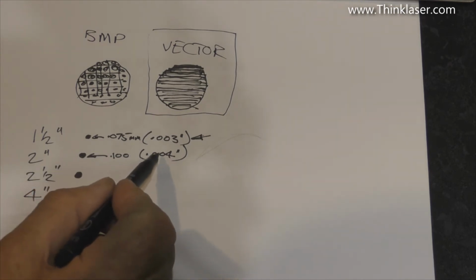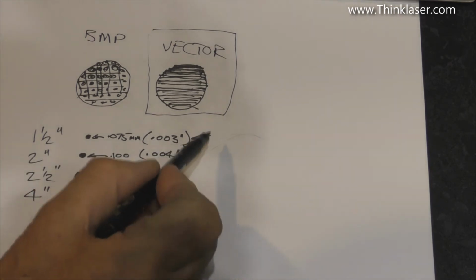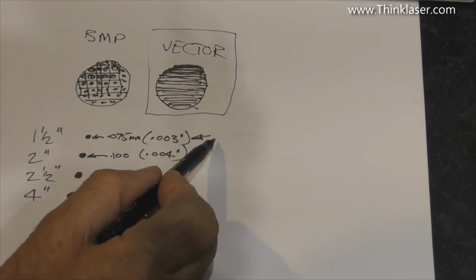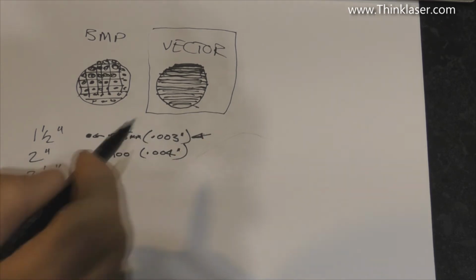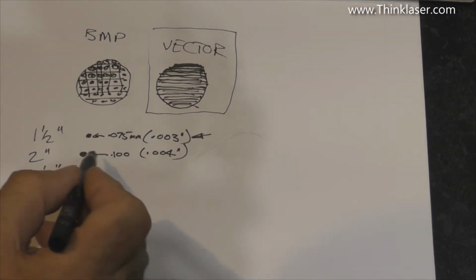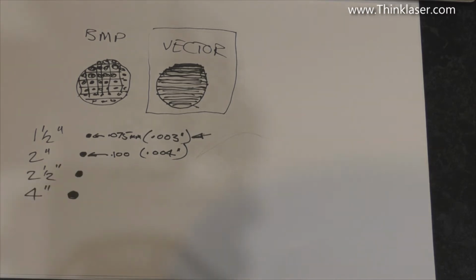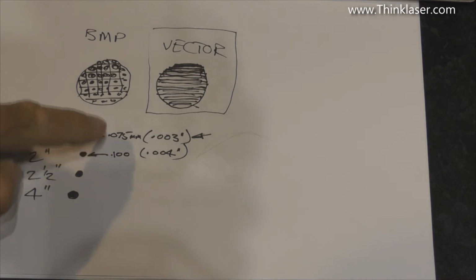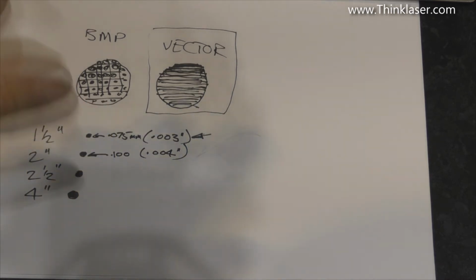And this, at 0.004, you would not be able to see the difference between a 3 thou and a 4 thou hair. So don't get too concerned if you've got a 2 inch lens in your machine, because it is not going to be a disaster when it comes to doing bitmap graphics. It makes a big difference to the area, the energy density.